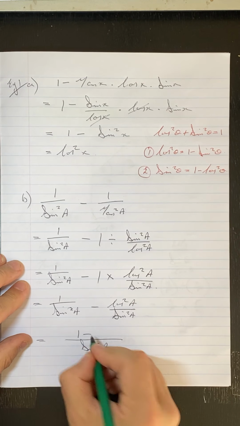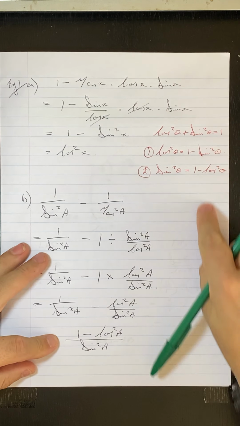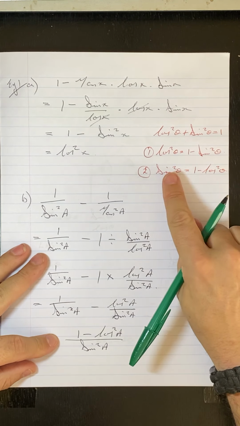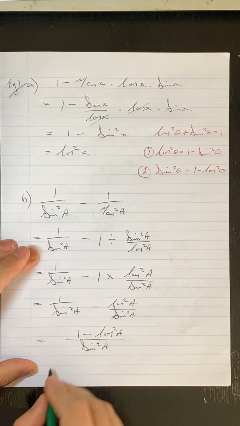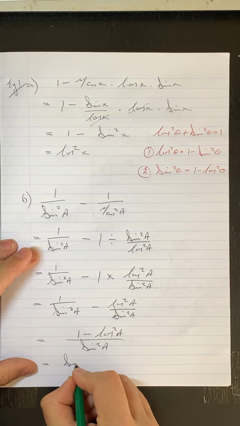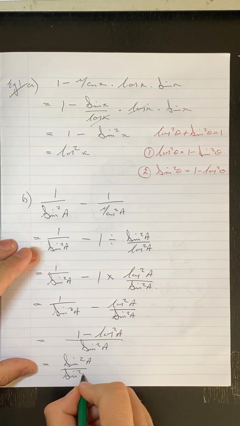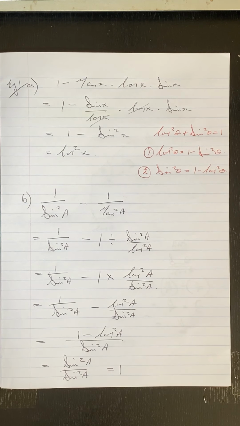And at the top we have 1 minus cos squared a. Now going back to this, I can see that 1 minus cos squared theta is sine squared theta. So I'm going to change this top one to be sine squared a over sine squared a. These will cancel and we are left with 1.